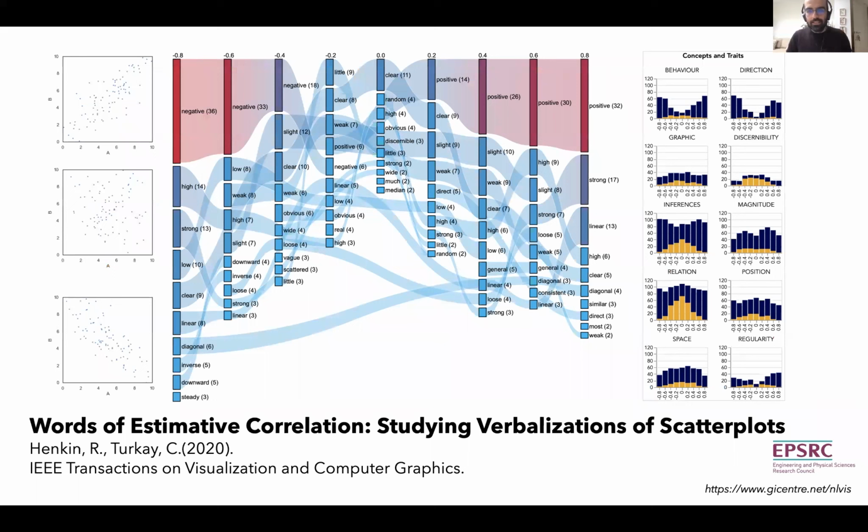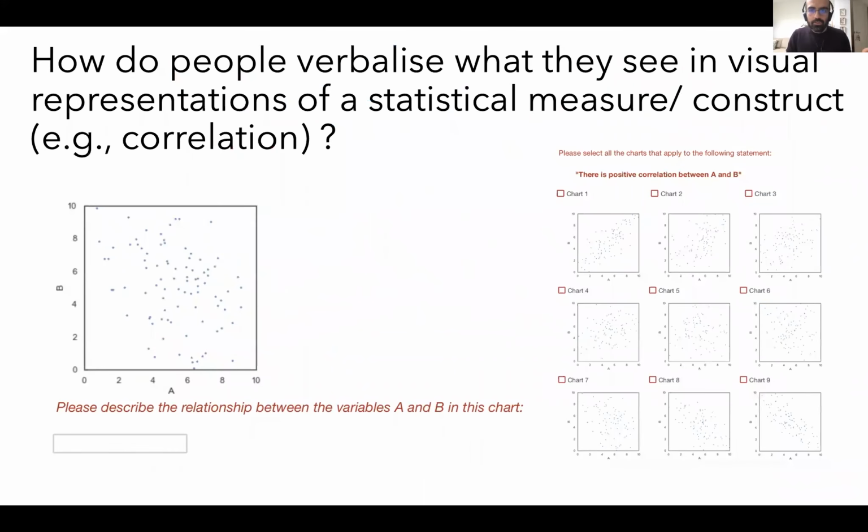In another very recent paper, which was just published, we explored how people verbalize what they see, how they use natural language to express what they see in a visualization. We asked them to describe the relationships they see in scatter plots of varying correlation. And in a second part of the study, we gave them a description, like "there's a positive correlation between A and B," and asked them to check all the charts that they think match that description.